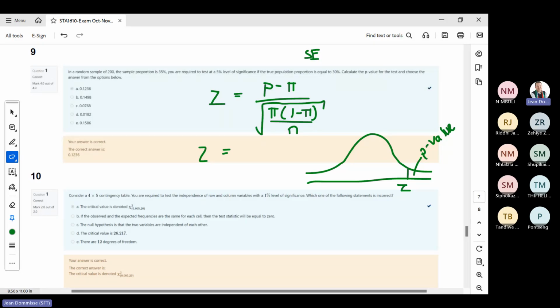So a random sample of 200, the sample proportion is given, you are required to test at a 5% level of significance if a true population proportion is equal to the stated value. So you're testing for equality. That tells me it is two tails.